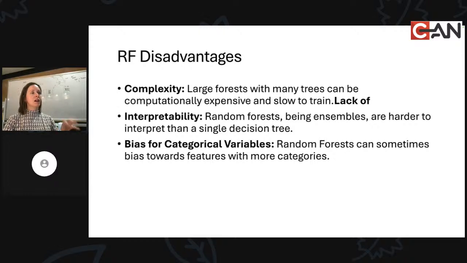Can be complex, and it can be harder to explain to stakeholders when they say, hey, why did it make this decision? And our response is, well, on average, sometimes this variable plays somewhat of an important role. So what I've done in the past to get over that is explain that it's a wisdom of the masses, and I'll pull out a few example decision trees. So I'll pull out 3 trees, and I'll actually show them in each scenario what each of those trees would have decided.